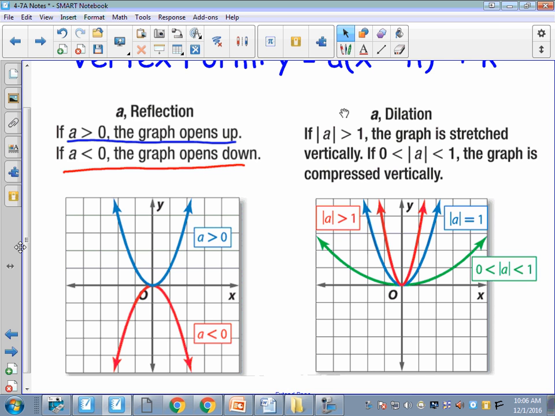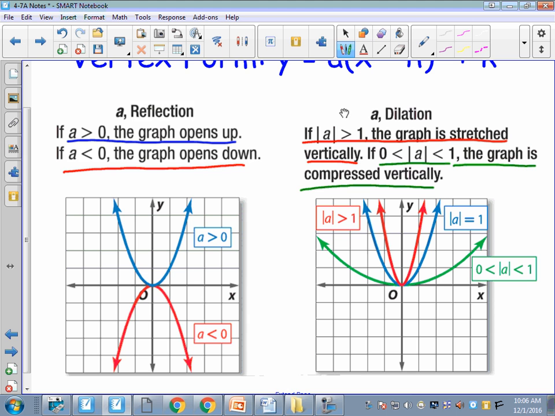So again, with your highlighters, if you want to talk about the first part, the stretched vertically, this is your red graph on my screen. The blue is when a is equal to 1, so that's your parent function. And then the green represents the graph is compressed vertically when we have a proper fraction.